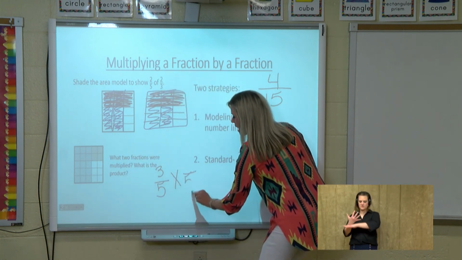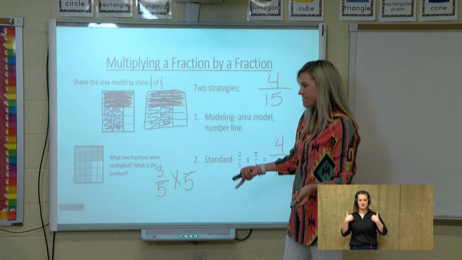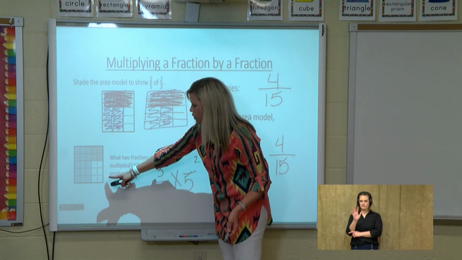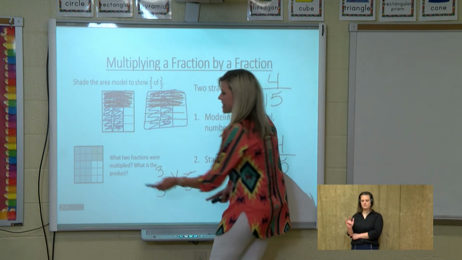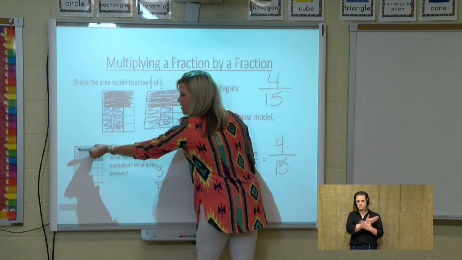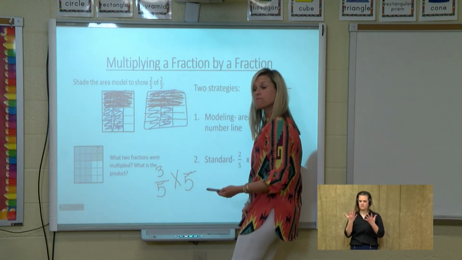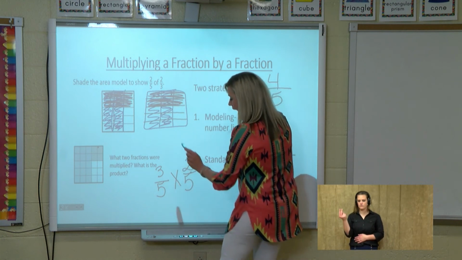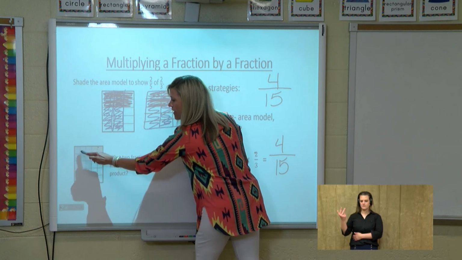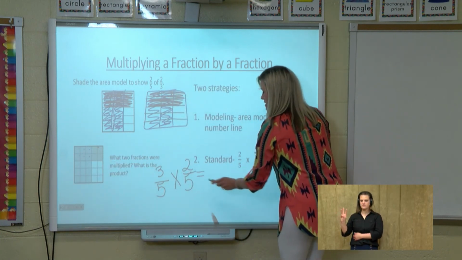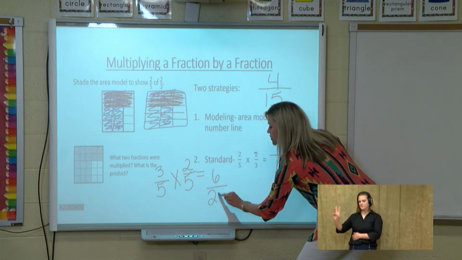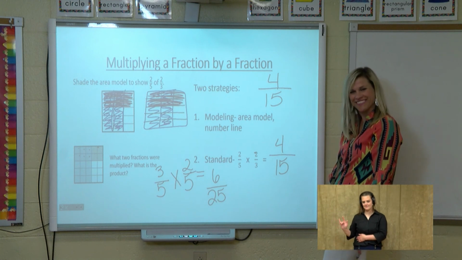All right, so it looks like I should have 25 squares. Look and see. 5, 10, 15, 20, 25. Yeah. And then these 3 down were shaded. 3. How many were shaded across? 2. Yeah. How many have both colors? 1, 2, 3, 4, 5, 6. 6 have both colors. So we have 6/25ths. Yeah, there you go.